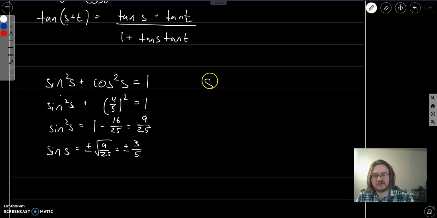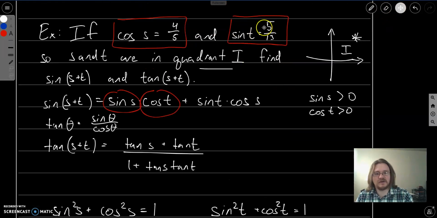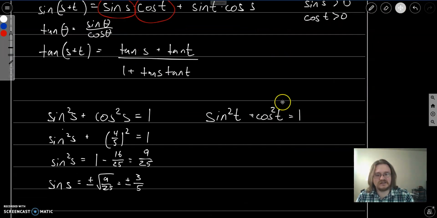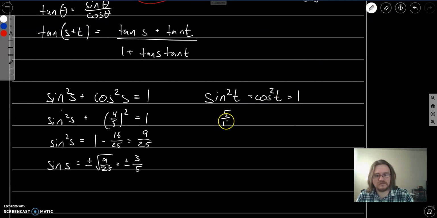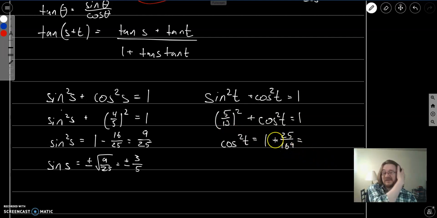So then let's do T as well. Sine squared T plus cosine squared T is equal to 1. And we know that the sine squared of T is 5/13 squared, plus cosine squared T is 1. Move that to the other side. So cosine squared T is going to be 1 minus 5 squared is 25. 13 squared is 169. So this would be 169 over 169.